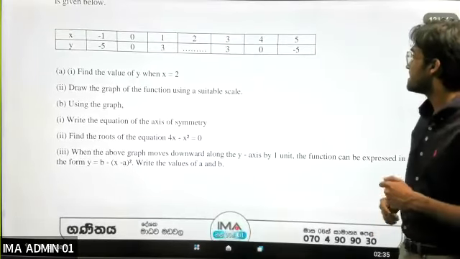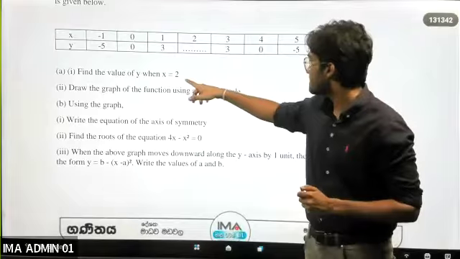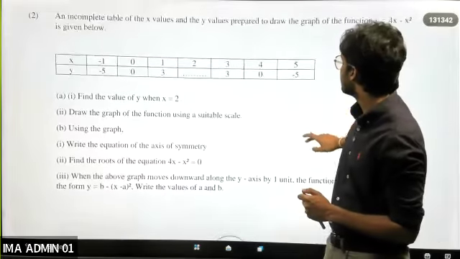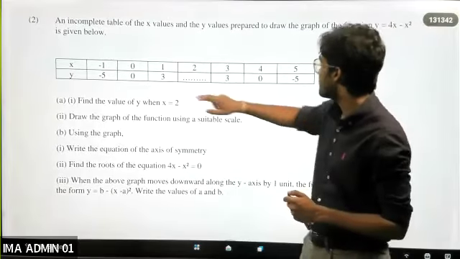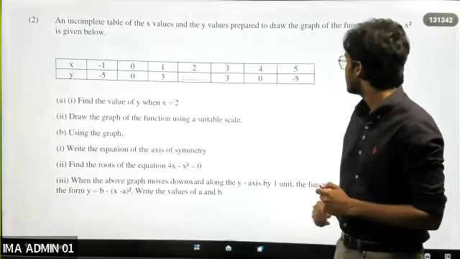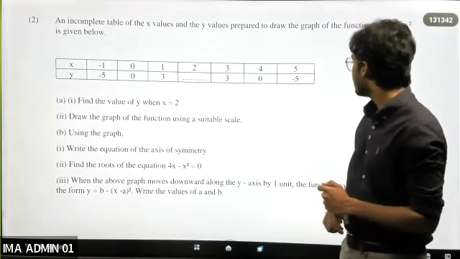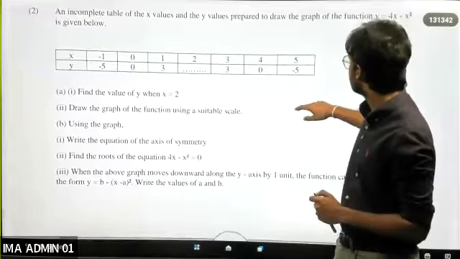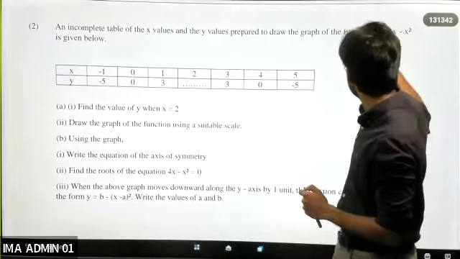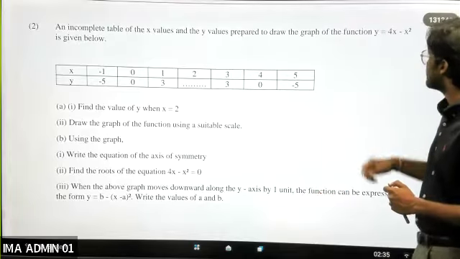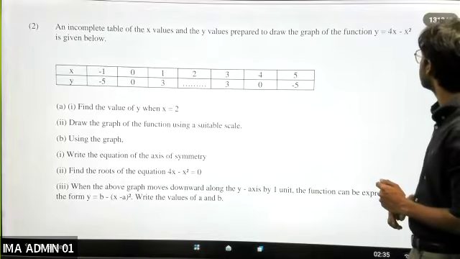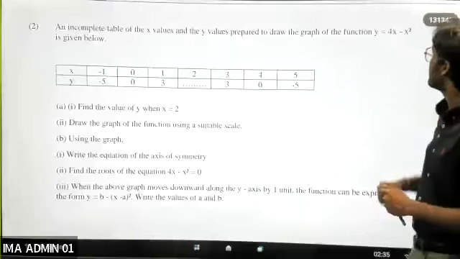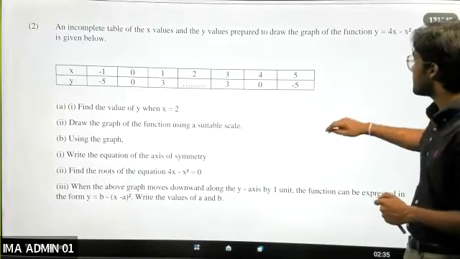So here, find the value of y when x is 2. We have to find out how this pattern is formulated, and accordingly we could find the x. They have given this function of the graph, so we simply put the number 2 into this function and get the y value.